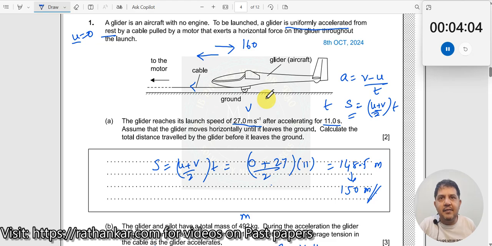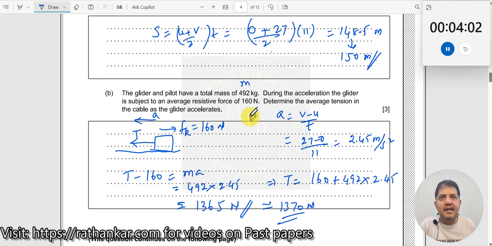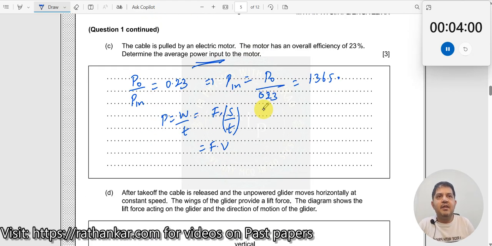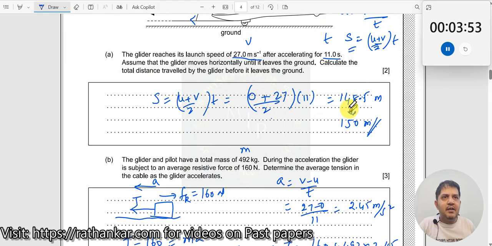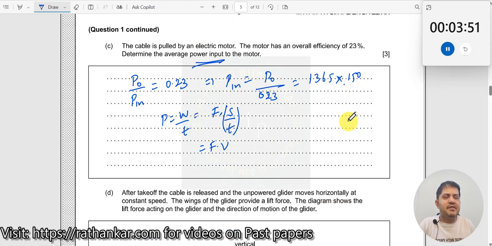Time is given here as 11 seconds. We did not take 150 here; for calculation we use the actual value, 148.5. So 148.5 divided by 11 seconds. This is your displacement, this is your time.